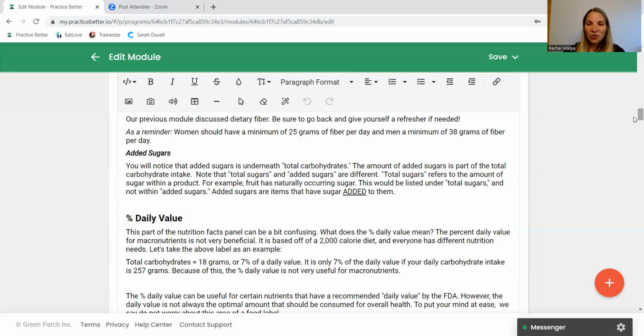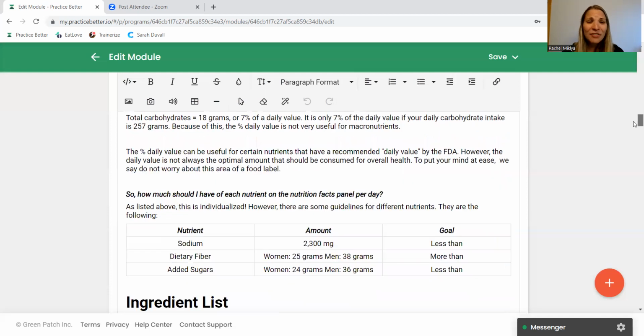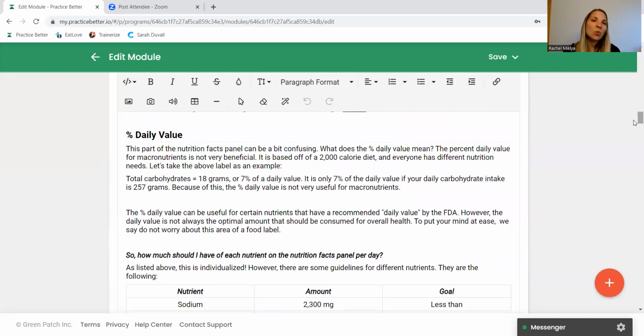One other part on the nutrition facts panel is the percent daily value. This can get very confusing for some people, and I just wanted to say what it is, but basically you don't really need to pay attention to it. What it means is that it is based off of a 2,000 calorie diet. Everybody's calorie needs are different, so this is why we say to not really pay attention to it.